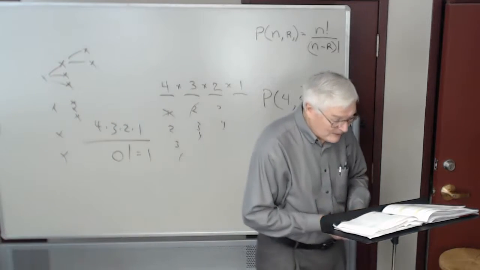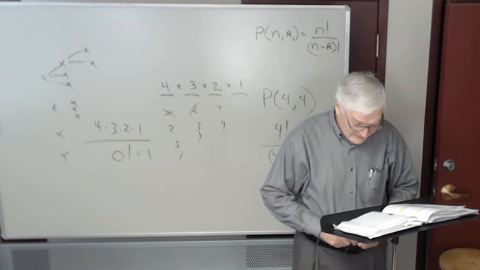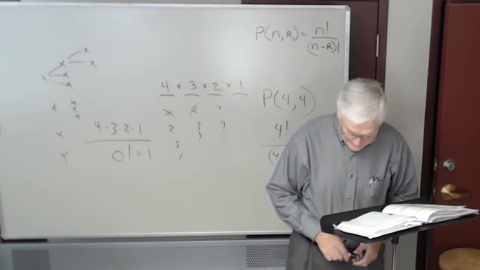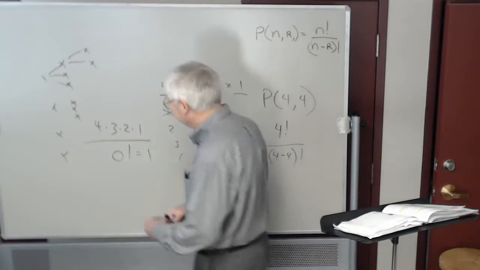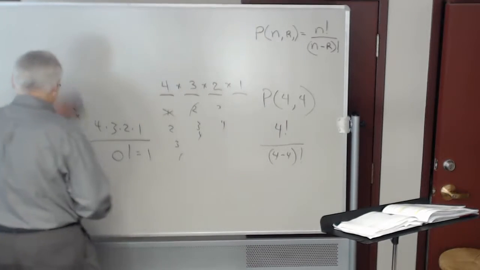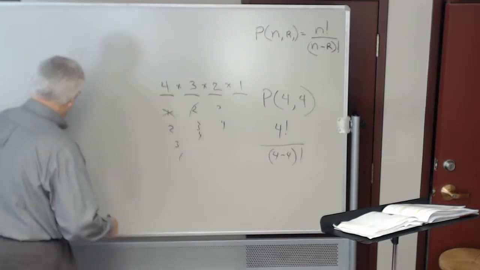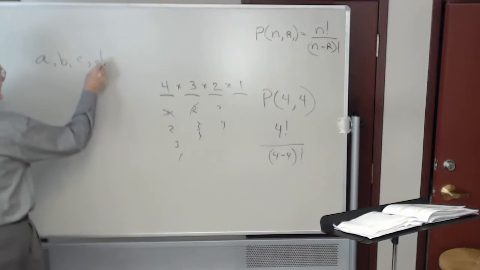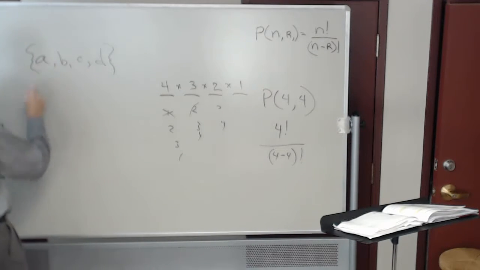So do you want me to help you with problem number 1? Yeah. How many different orders can the letters in the set A, B, C, D be written? How many different ways can I write those?